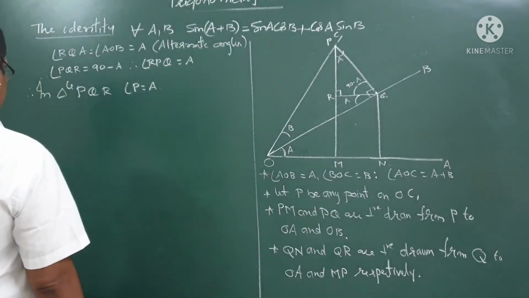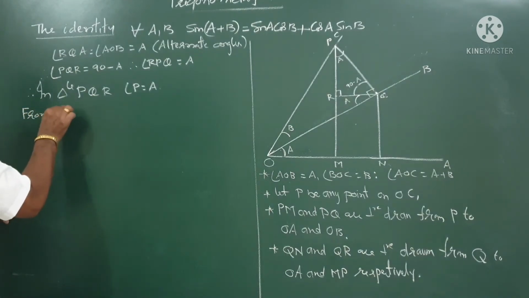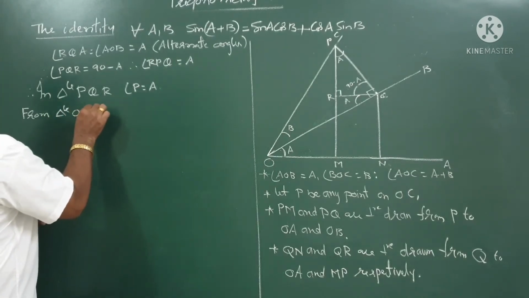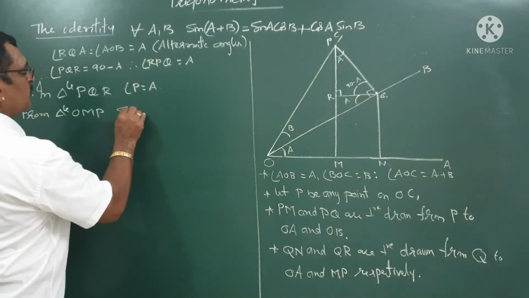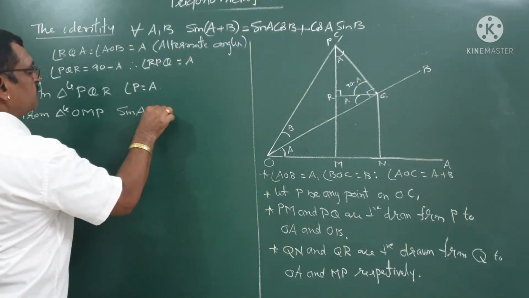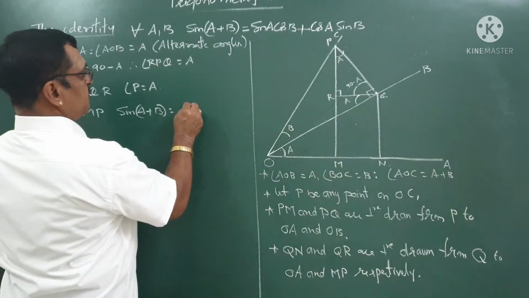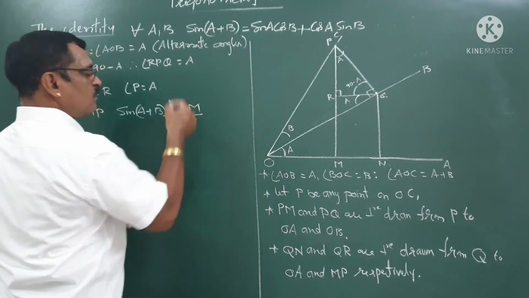Therefore, from triangle OMP, sine of A plus B is equal to PM by OP.